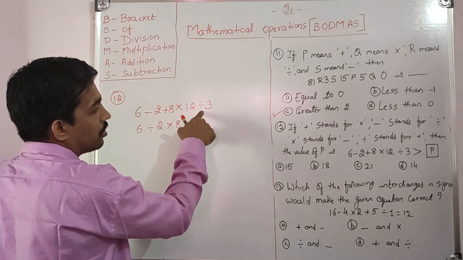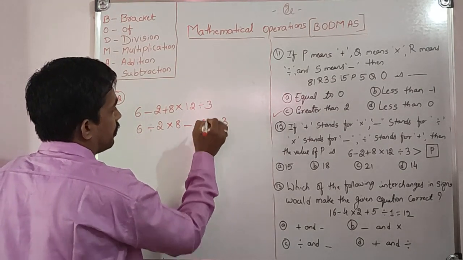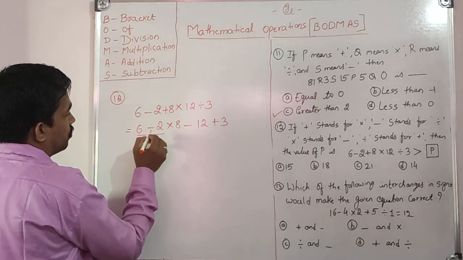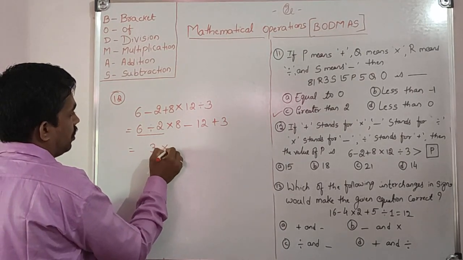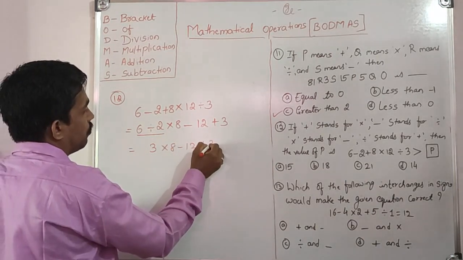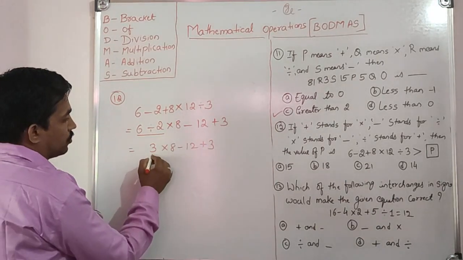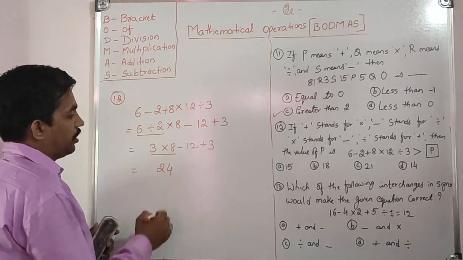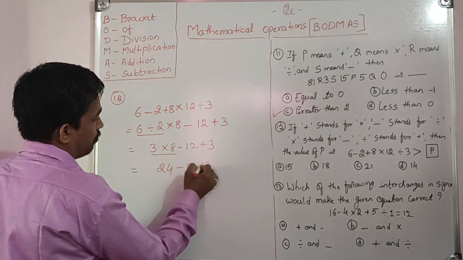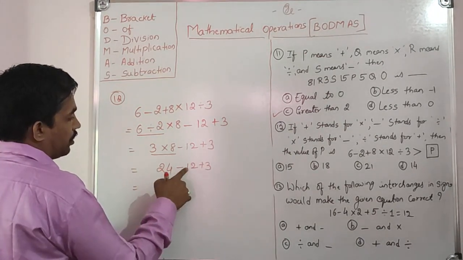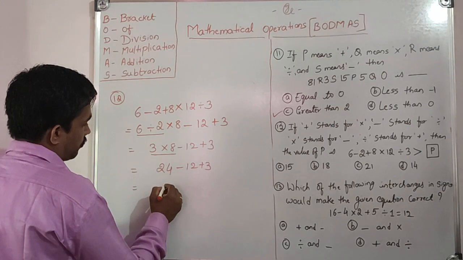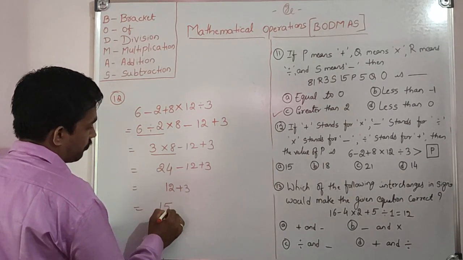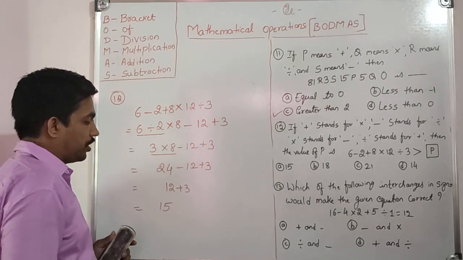Divide stands for plus 3. So according to BODMAS rule, first we have to solve this. 3 into 8 minus 12 plus 3. 3 8s are 24 minus 12 plus 3. So 24 minus 12, it is 12 plus 3, and we are getting the answer as 15.